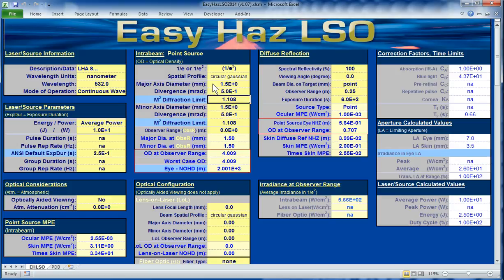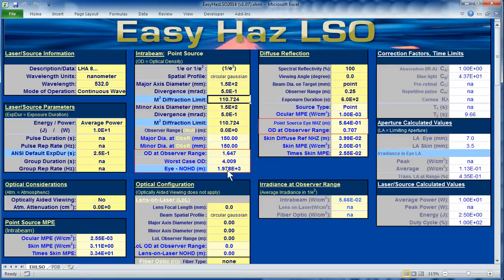Let's change the beam diameter, and let's make a significant change, by a factor of 10. So let's go to 15 millimeters and 0.5 milliradians. No change in the NOHD. Well, let's do it again. Let's increase the diameter by a factor of 10. We'll go to 150 millimeters, and a divergence of 0.5.